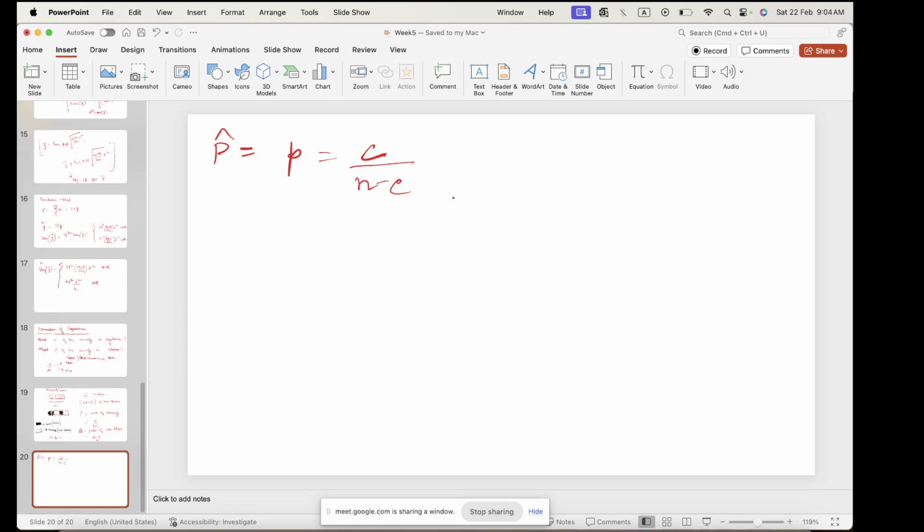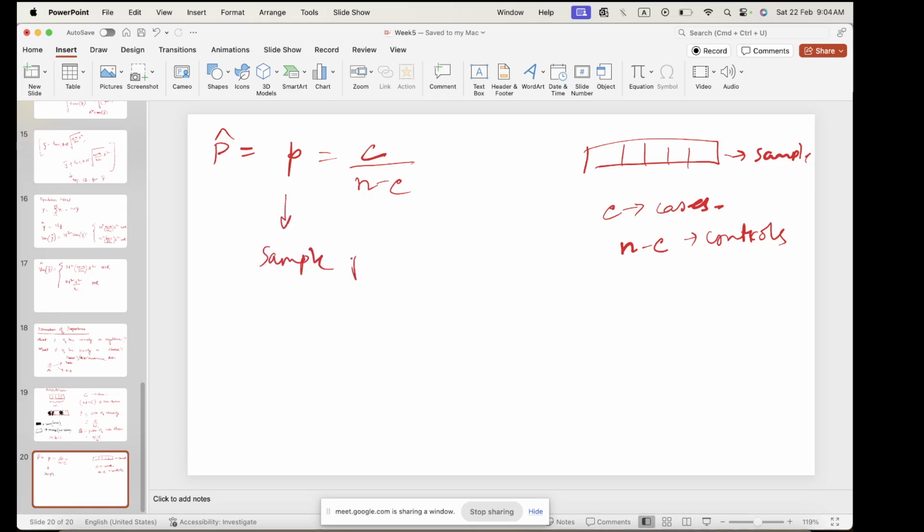So if from that population I have a sample, so this is my sample, and I have small c cases and small n minus c controls. So then the sample proportion is a point estimate of the population proportion.